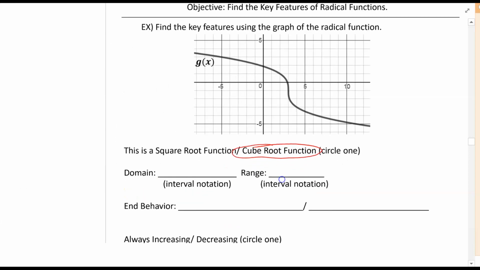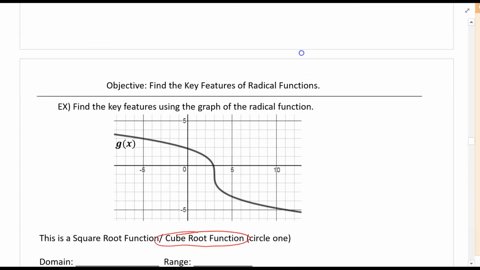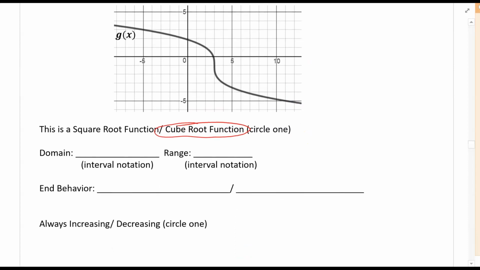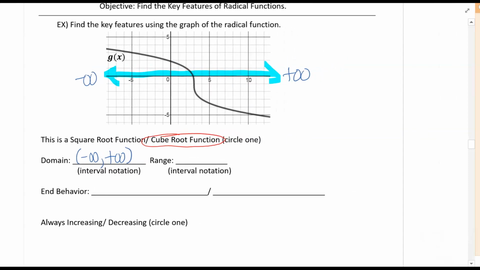Domain and range is going to be the same because there's no restrictions. The x-axis, I'm going to highlight the whole x-axis. And that's going to go from negative infinity to positive infinity. No restrictions. And we go from left to right. Okay. The range, again, no restrictions.